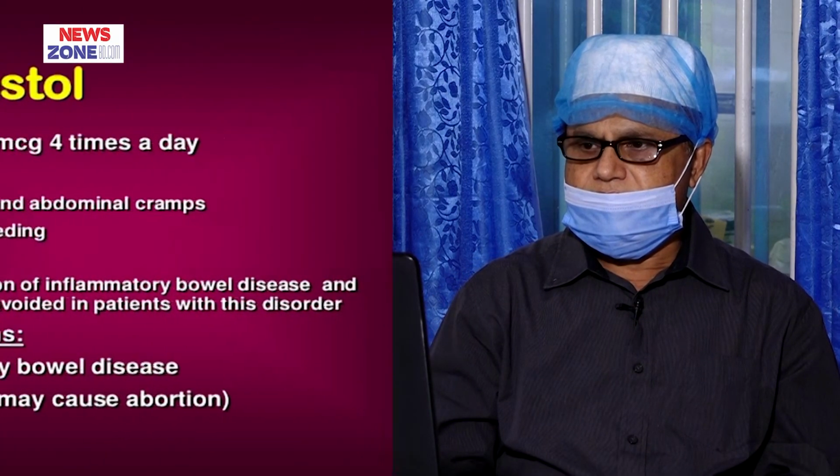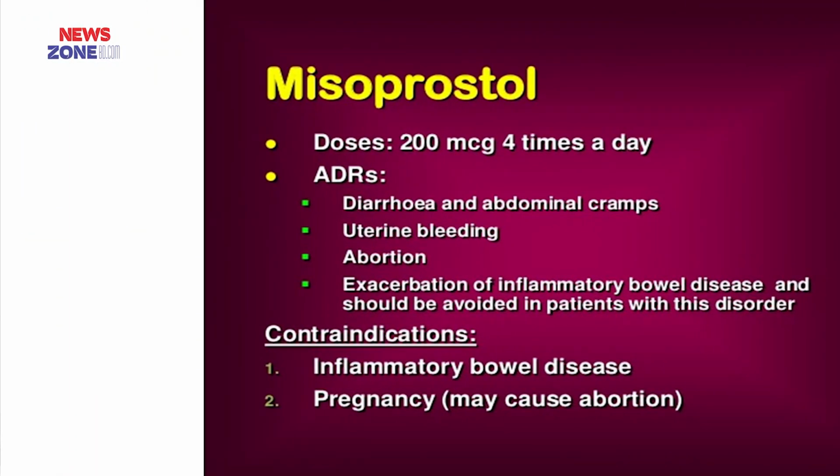Misoprostol dose is 200 micrograms 4 times a day. Adverse effects of misoprostol: diarrhea and abdominal cramps, uterine bleeding, abortion. Contraindications of misoprostol: inflammatory bowel disease and pregnancy, because in pregnancy it may cause abortion.